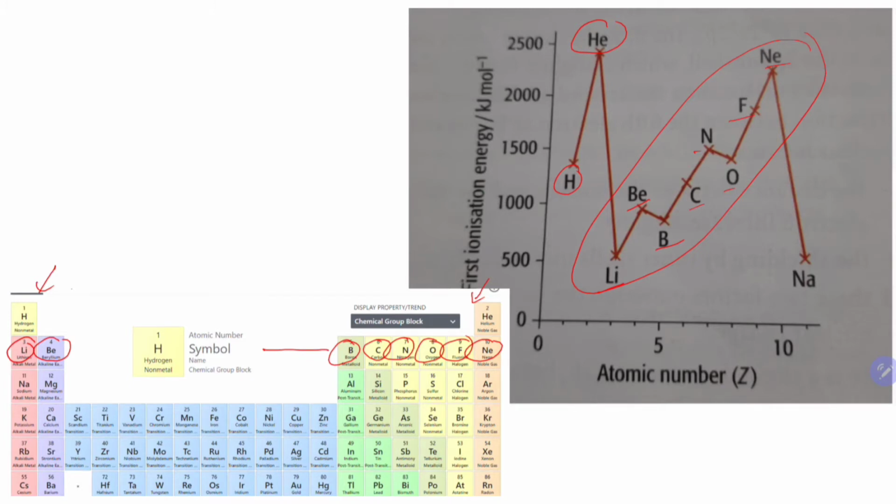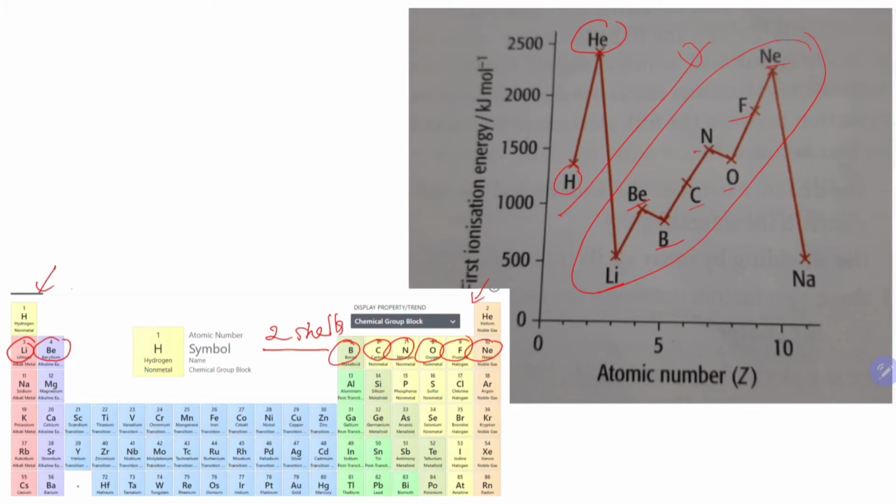In one period, all these atoms have two shells, so the distance is almost the same. You can check the value here: lithium, beryllium, boron, carbon, nitrogen, oxygen, fluorine, and neon increases.